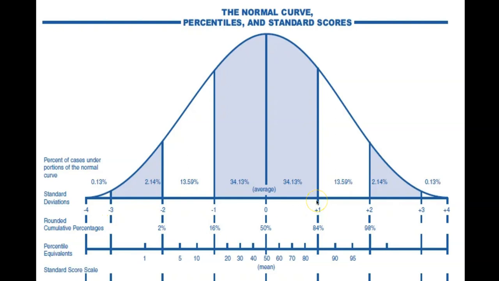So if we're looking at percentile rank, if somebody has a 130 IQ, that person is in the 98th percentile. So their IQ score is higher than 98% of the population. And they're at +2 standard deviations. So knowing the standard deviation then lets us also know the percentile rank and their standard score.